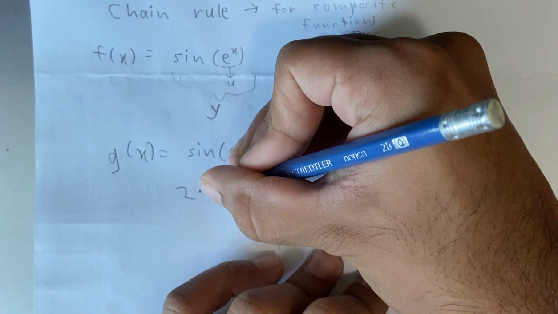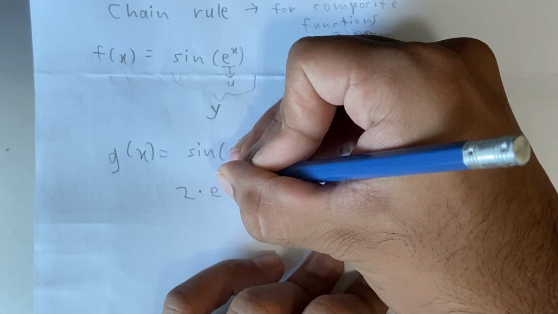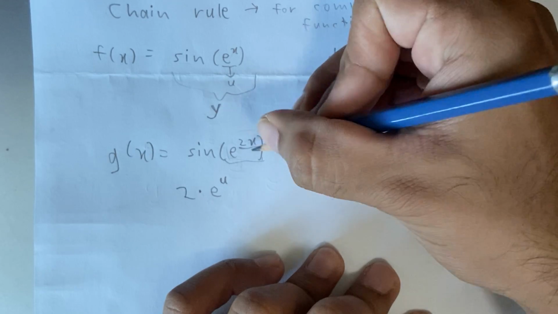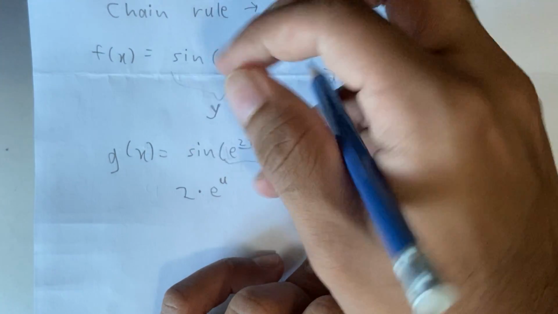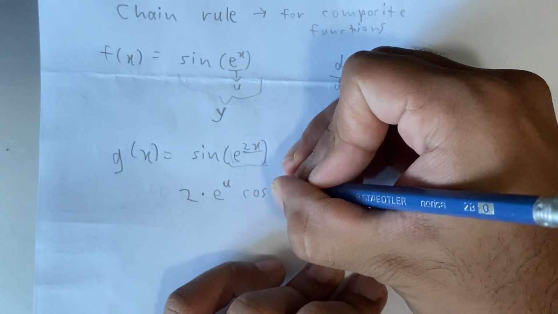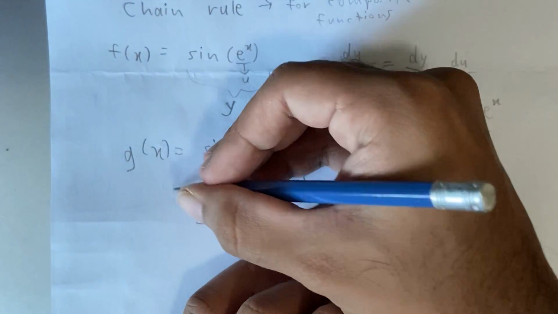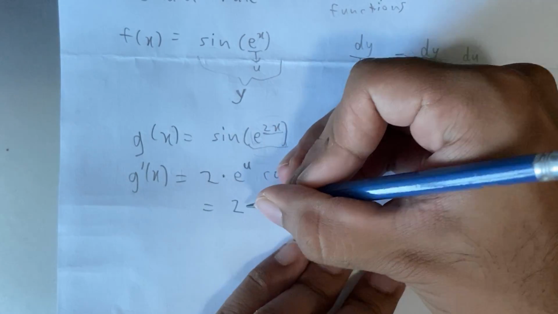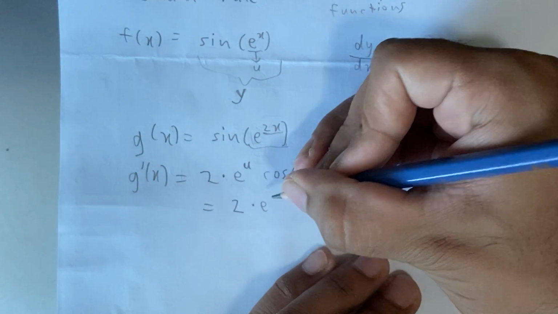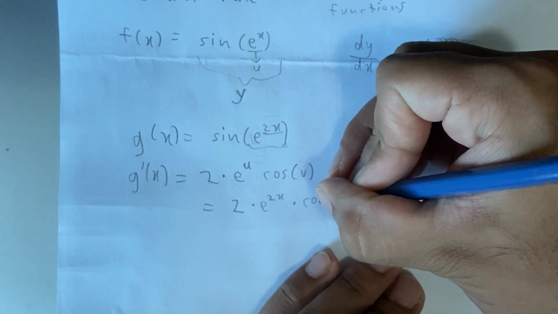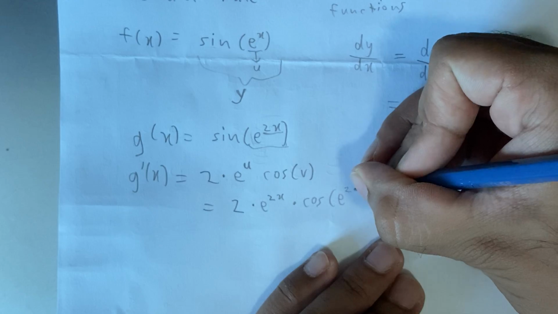And then we treat this whole thing as another variable, v. And we have sine of v, we differentiate that, we get cosine of v, which is equal to 2 times e to the power of 2x times cosine of e to the power of 2x.